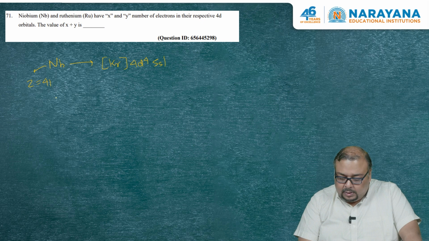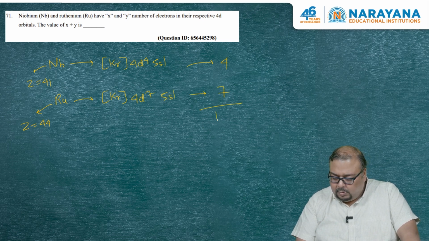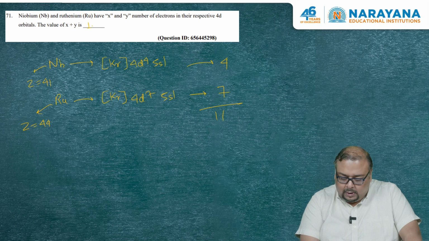So it's an exceptional configuration. So number of d electrons will be 4 here. In case of ruthenium also, it's an exceptional configuration. Z is 44. So it will be krypton, then 4d7 and 5s1. So it is having 7 d electrons. So total will be 11. So value of x plus y will be equal to 11.